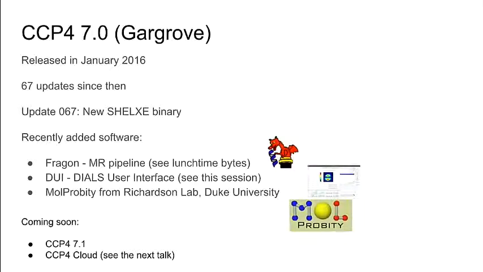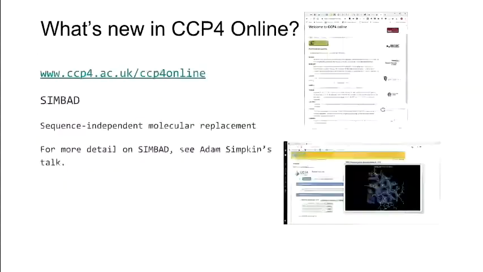Coming soon is the 7.1 release, coming probably this year, and CCP4 Cloud will be released soon as well. And CCP4 Online is a web portal for running several automated pipelines included in CCP4.